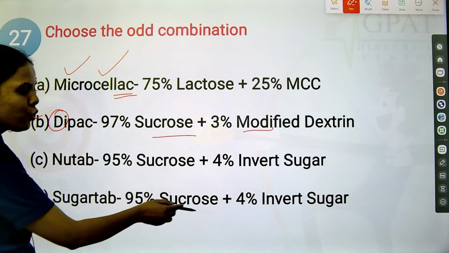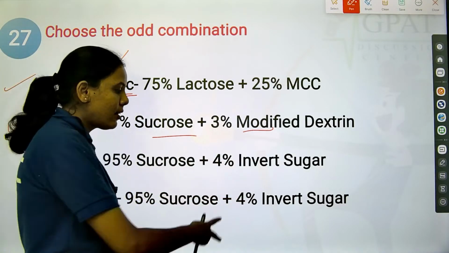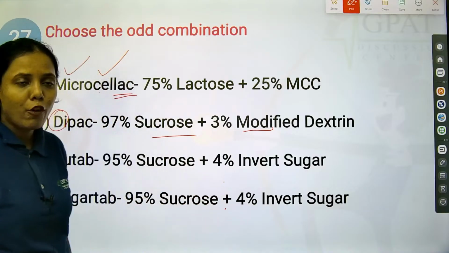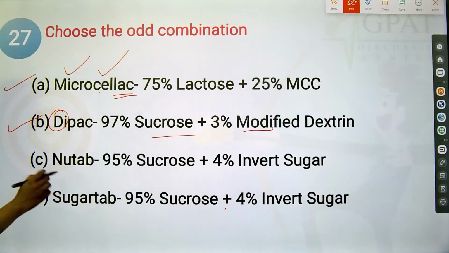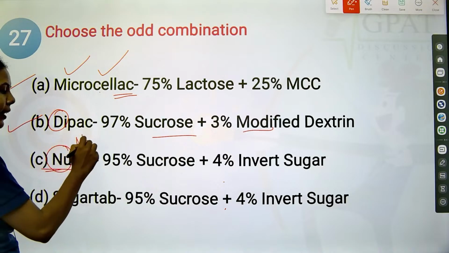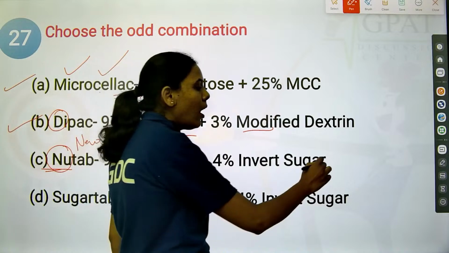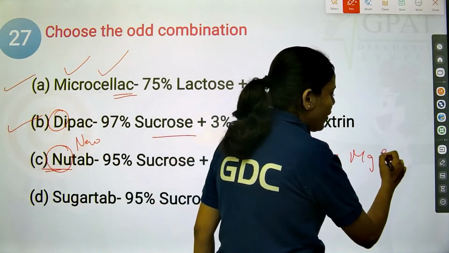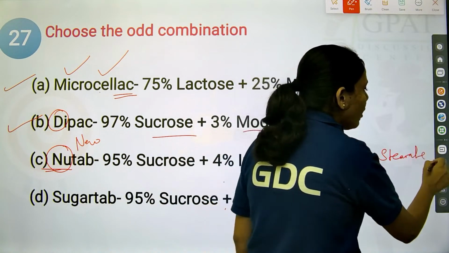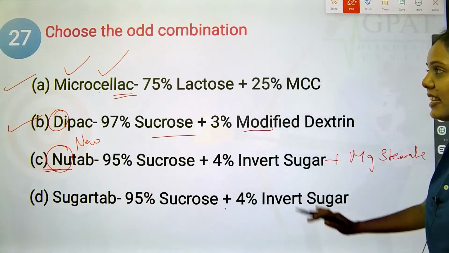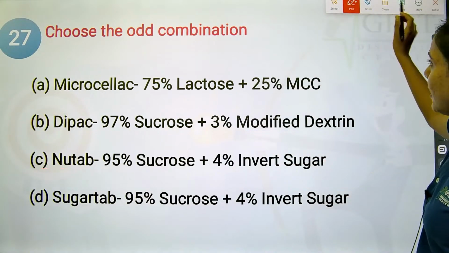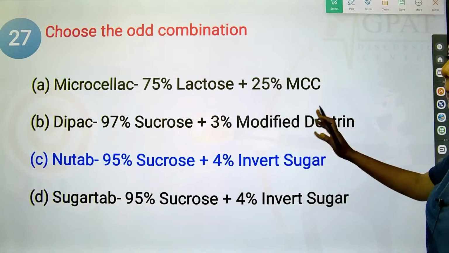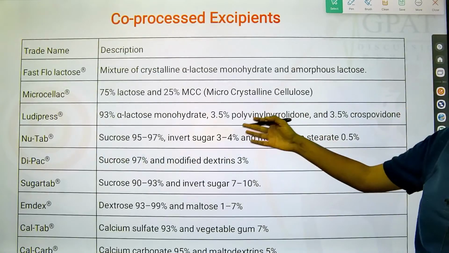Sucrose, invert sugar, these two cannot be the same for both SugarTab and NewTab, and that is the reason in the NewTab one more ingredient is there, nothing but magnesium stearate, which is missing here, right? So this is not the correct combination. So option C is the right answer, it is the odd combination.